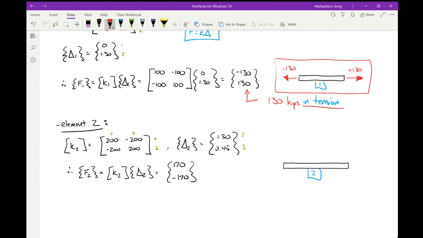The first one is 170 going to the right, and this over here, 170 going to the left. Well, what does that mean? Compression, there you go. So this one, 170 kips in compression.